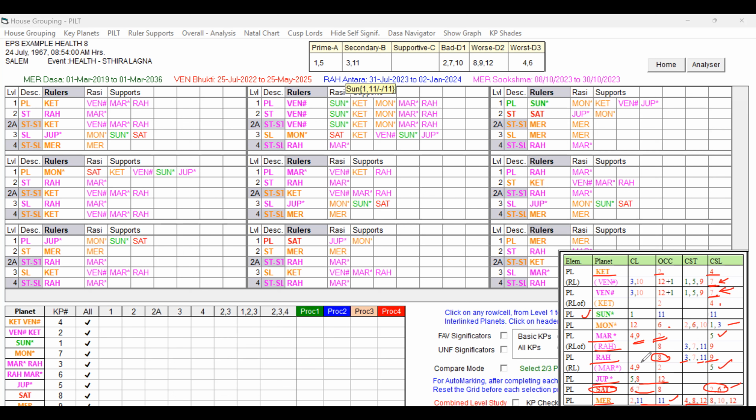Rahu is a longevity-affecting planet, and Jupiter is a death causing, sudden death causing planet. Saturn is also strongly disease causing because of the grouping I am talking about, and Mercury is a defect causing planet.